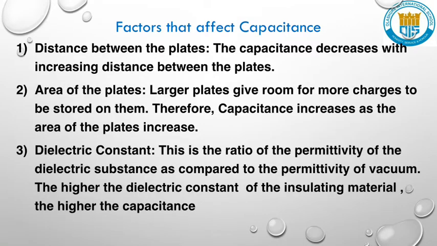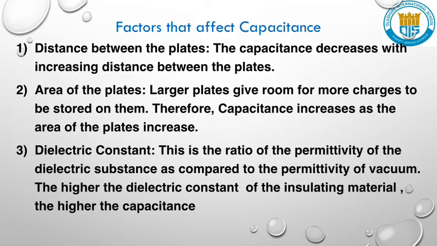Now let's look at some factors that affect capacitance. The first of these factors is the distance between the plates. The plates of a capacitor are what is represented by the two vertical lines you saw on the symbol earlier. The distance between the plates will affect the capacitance by increasing the capacitance if you decrease the distance.